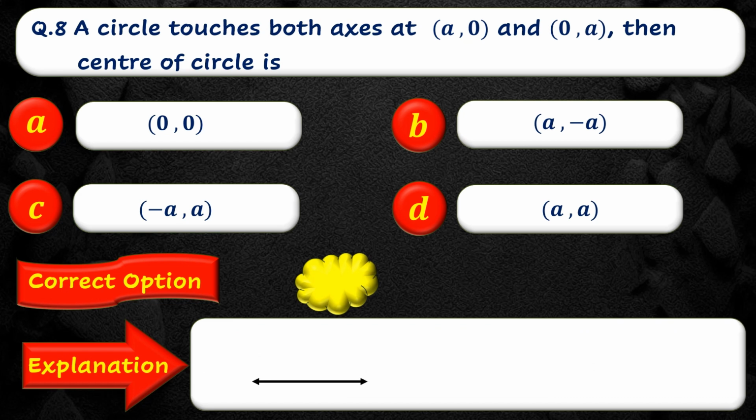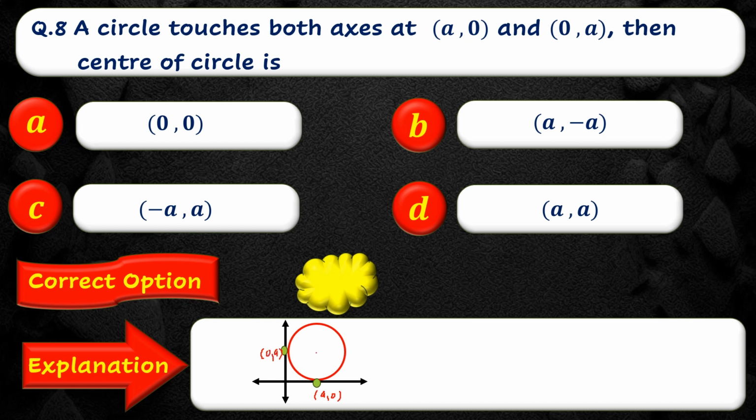We draw a circle which touches both axes at points (a, 0) and (0, a). Here this point is (a, 0) and this point is (0, a).